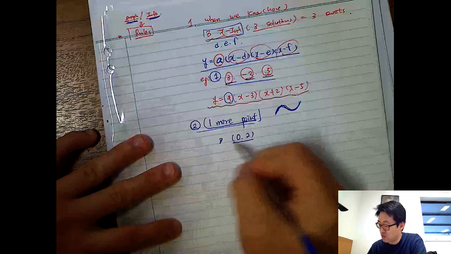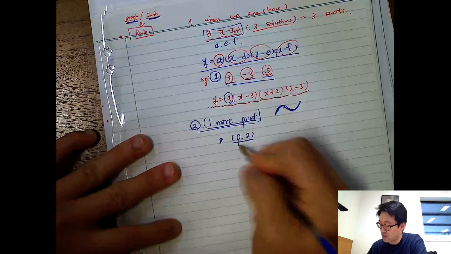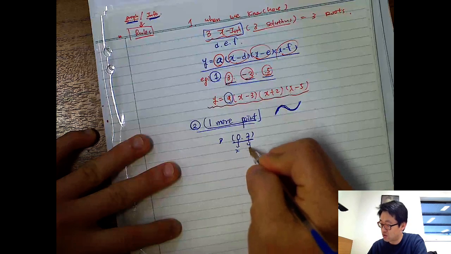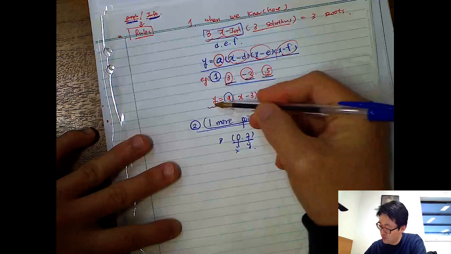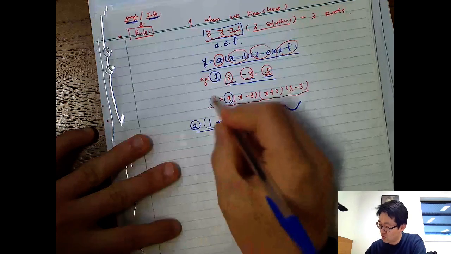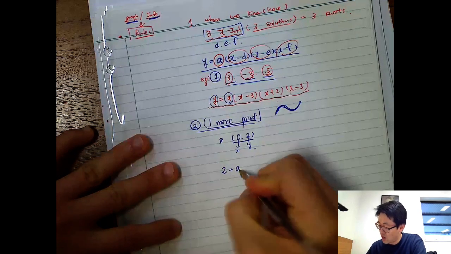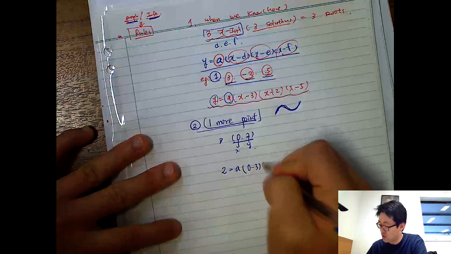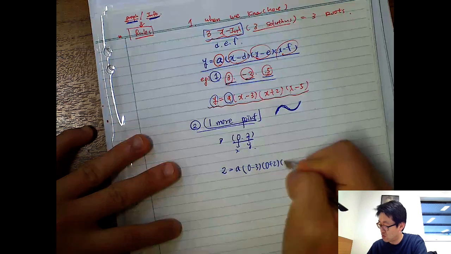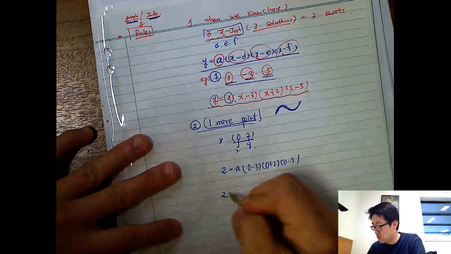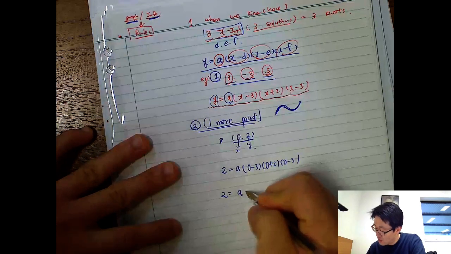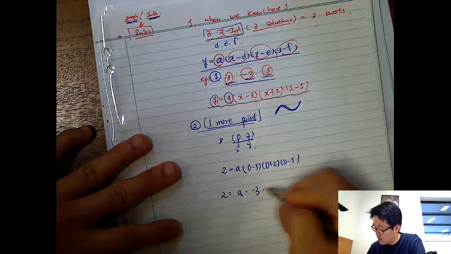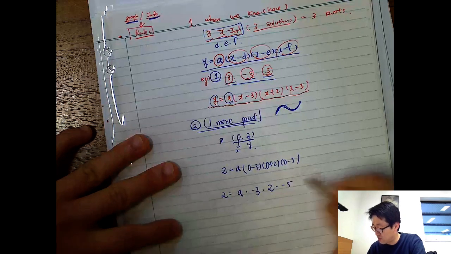Okay, all I need to do is plug in: when x is 0, y is 2. So here, 2 equals a times (0 minus 3)(0 plus 2)(0 minus 5). 2 equals a times minus 3 times 2 times minus 5.